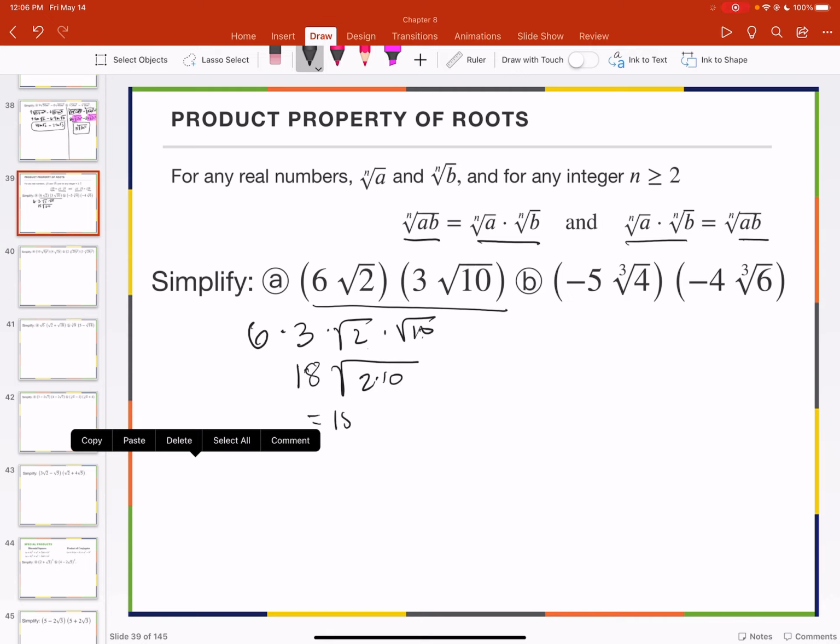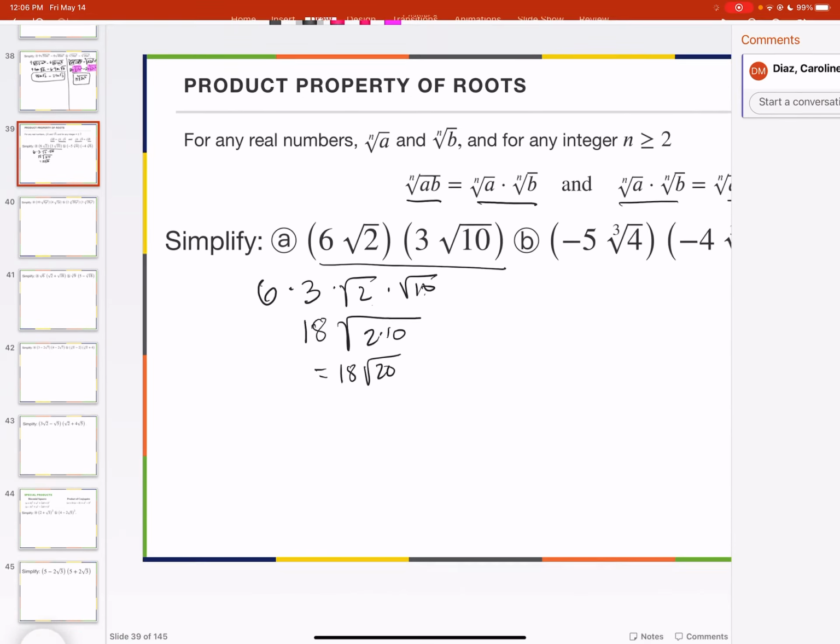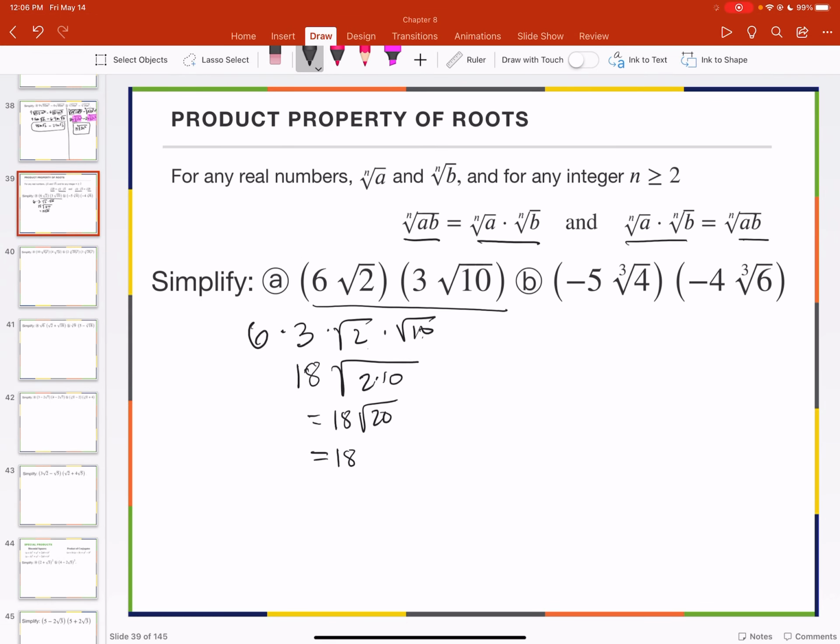So 18 square root of 20, but we can reduce 20 to 4 times 5. So square root of 4 times 5. Square root of 4 becomes 2, so you get 18 times 2, and in the radical is 5, so 36 square root of 5.